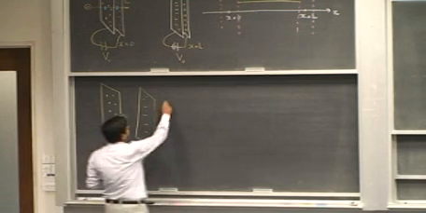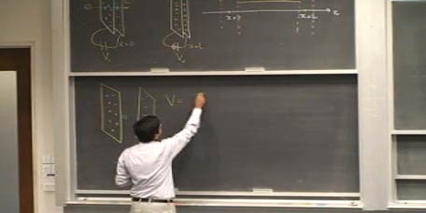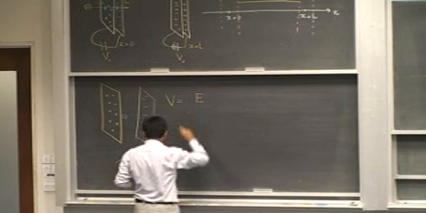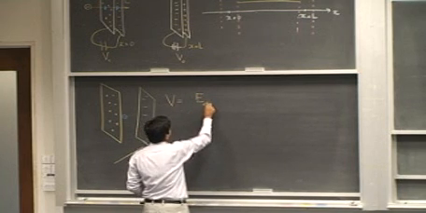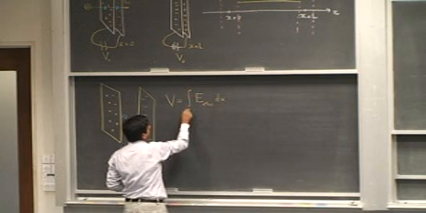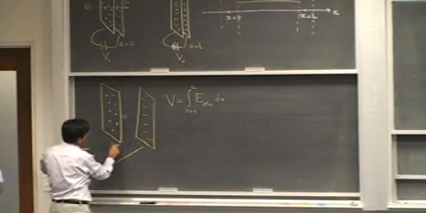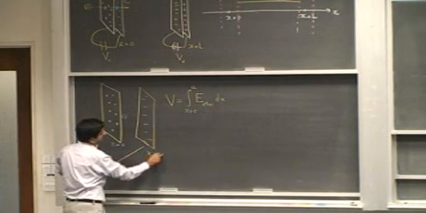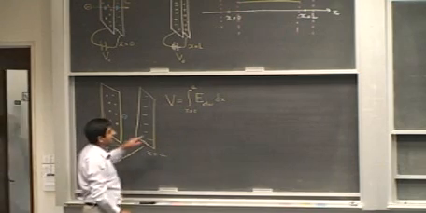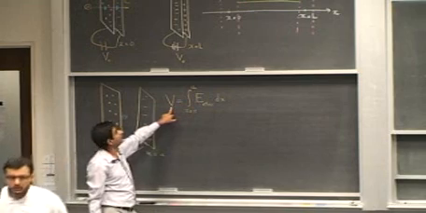Okay, because the potential energy is basically E, the electric field, dx. X goes from 0 to A, where this is x equals 0, this is x equals A. The electric field is constant, so V will depend linearly on x.